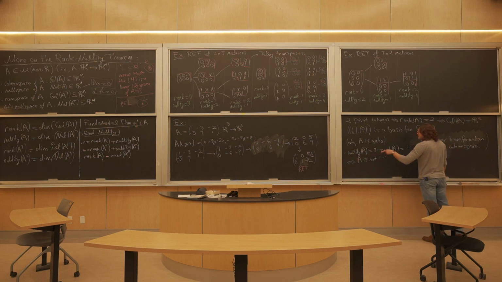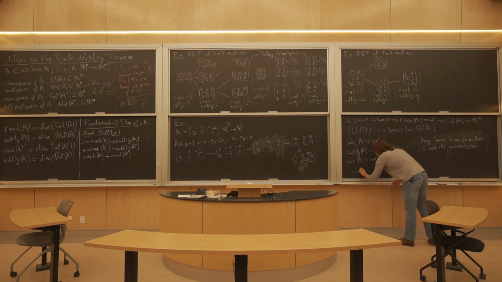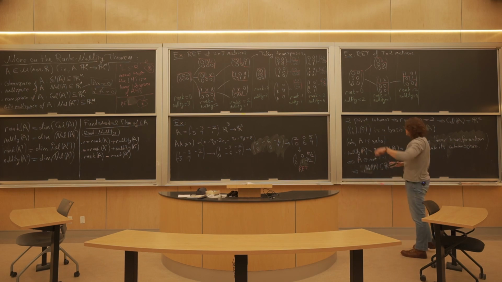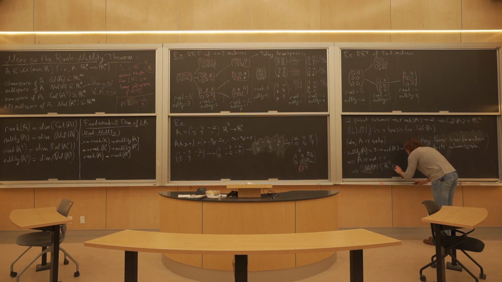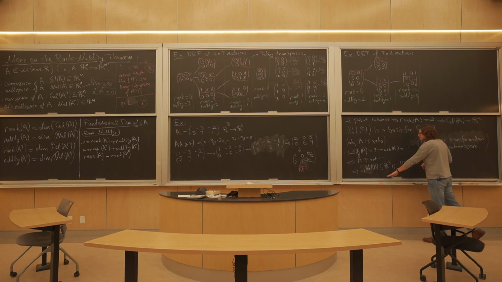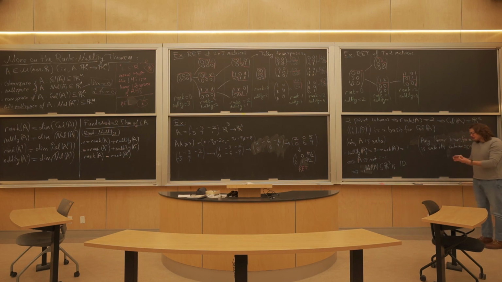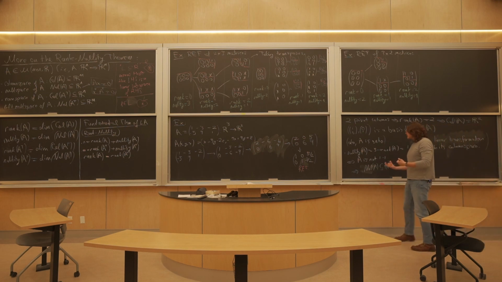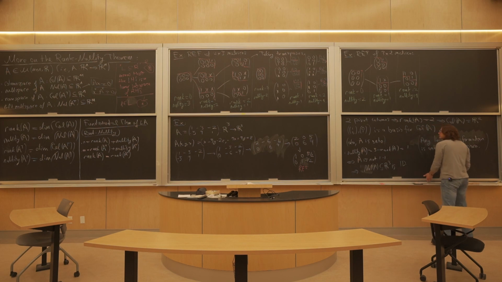Because the nullity of A is 1, the null space of A in R3, using that notation over there, is 1D. It's a line passing through the origin in this three-dimensional space. If that is the case, then certainly there's one vector that spans this.